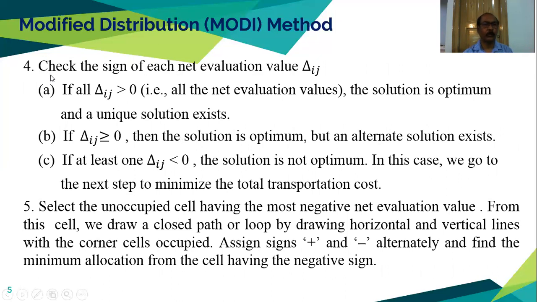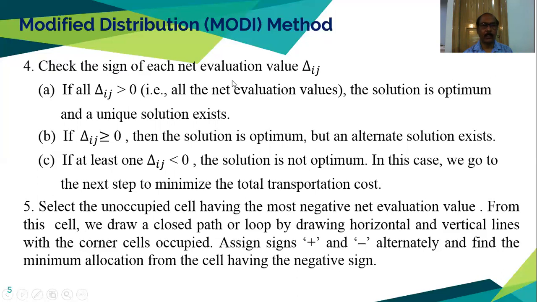Step 4. Check the sign of each net evaluation value delta ij. Now we have to check the sign of delta ij. A few delta ij may be positive, a few may be negative, a few may be equal to 0.